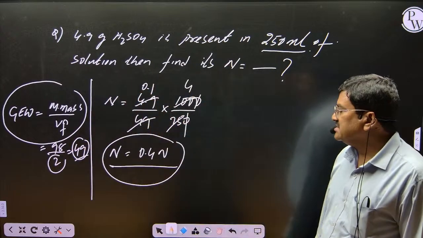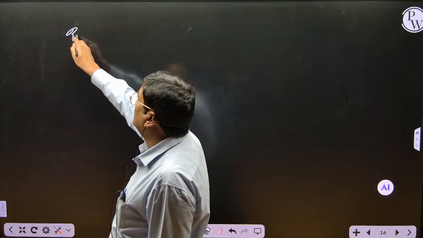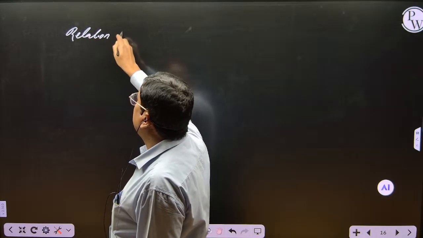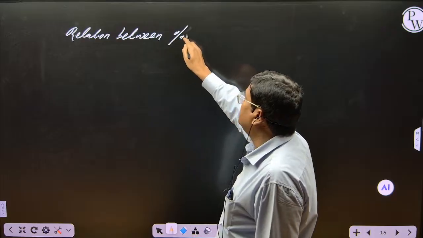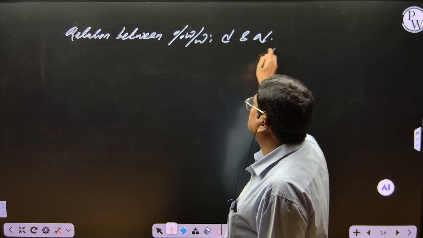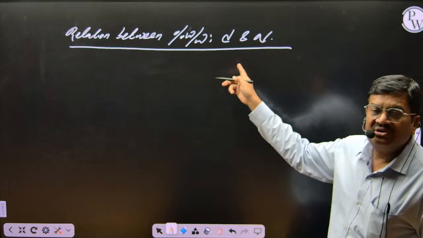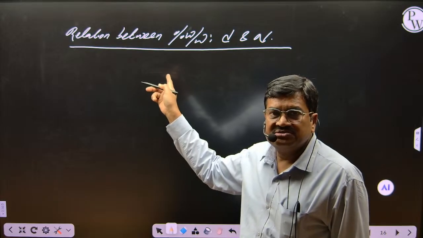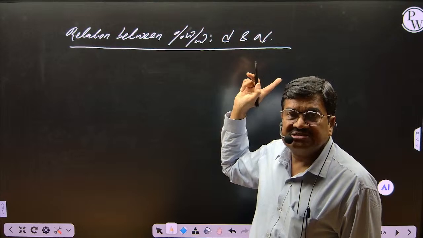Alright, next, the relation between mass percentage, W by W, density and normality. Now you remember, students, this relation we wrote with molarity also. If you remember, those who revised the notes, mass percentage and density with molarity we wrote in the last class.